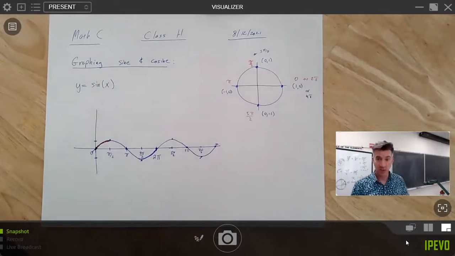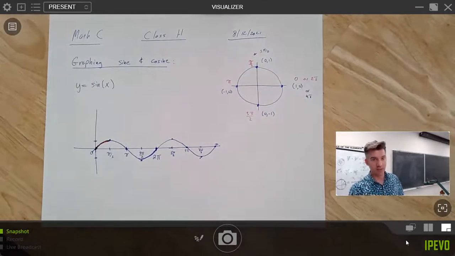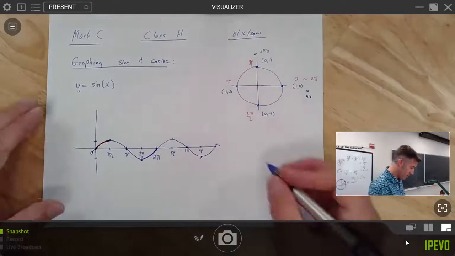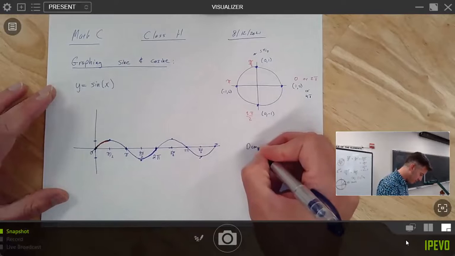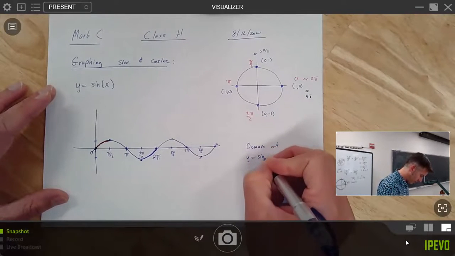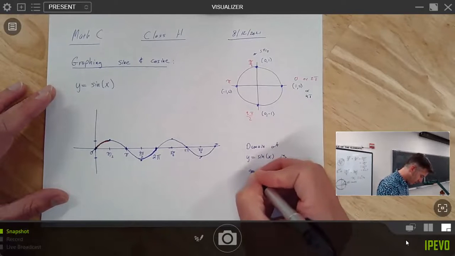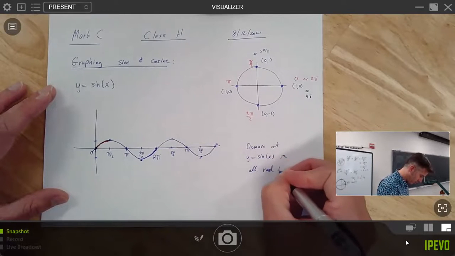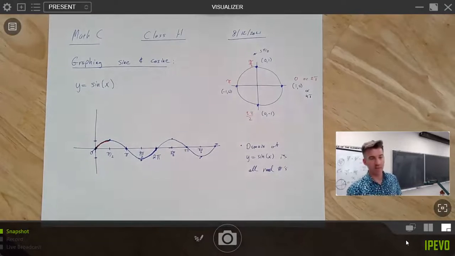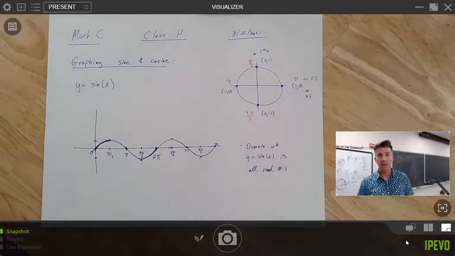A couple important things to notice. I would say that the domain of y equals sine of x is all real numbers. I know we've only talked about taking the sine of special angles and some other angles, but technically you can take the sine of any value and get an answer.